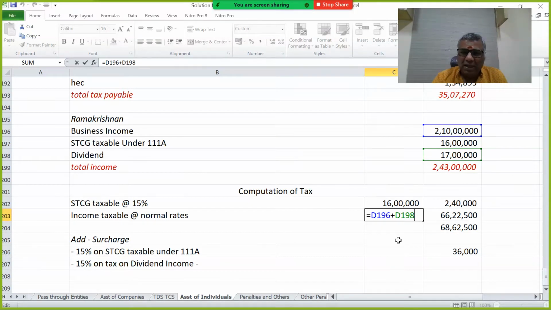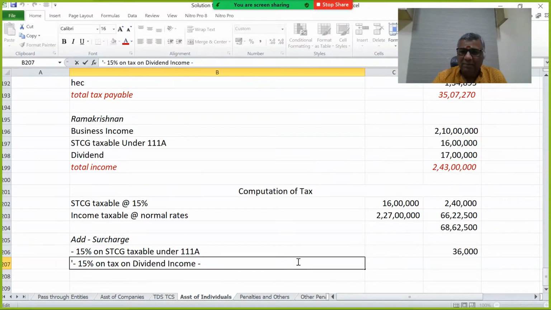On that 15%, repeating: 66 lakh 22,500 is the tax for 2 crore 27 lakhs. So 17 lakhs is equal to 66,22,500 into 17 lakhs divided by 2 crore 27 lakhs.